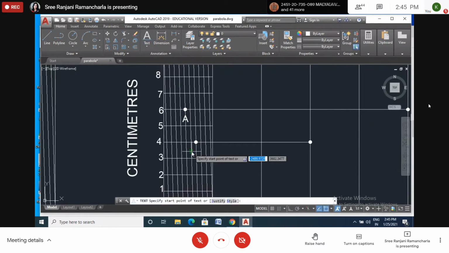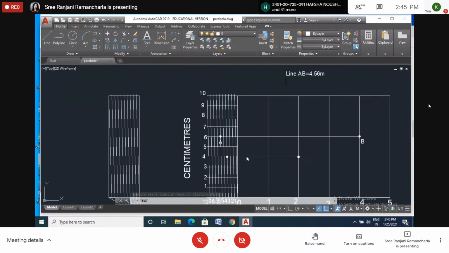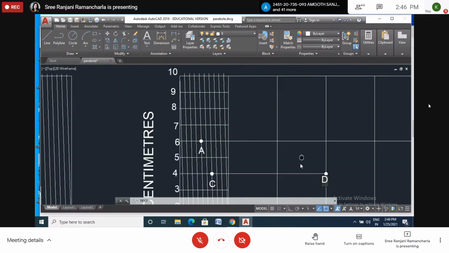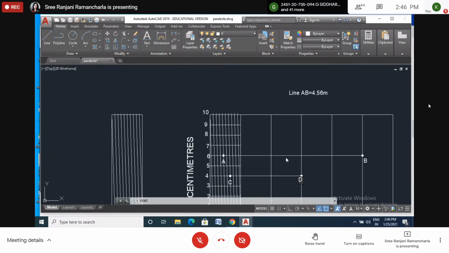I will name this one C and D, capital C and capital D. And here I will write line CD equals 2.34.